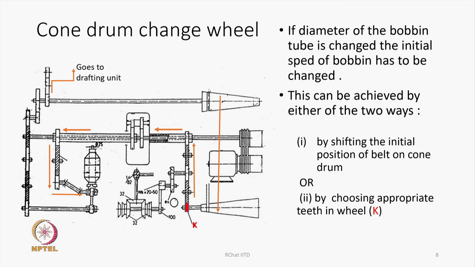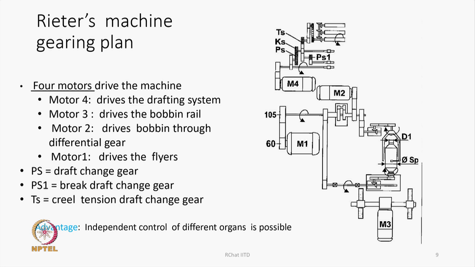The other thing is, this is another gearing diagram for the roving machine, and this is also from a very popular company. If we look at the gearing diagram, we see in this modern machine there are M1, M2, M3, M4.